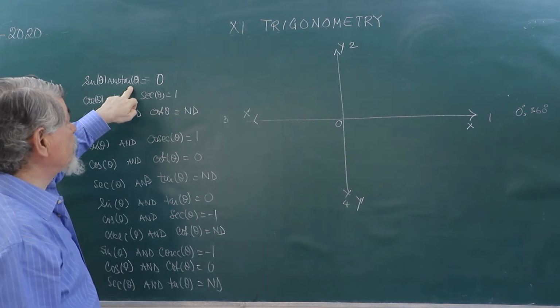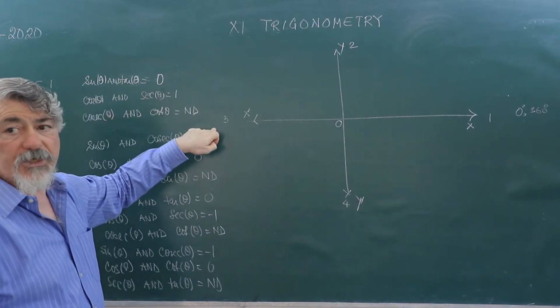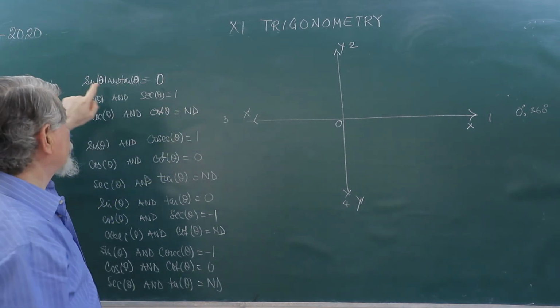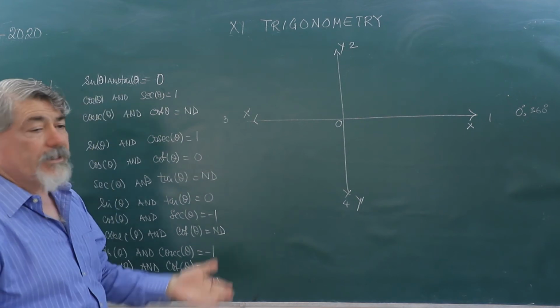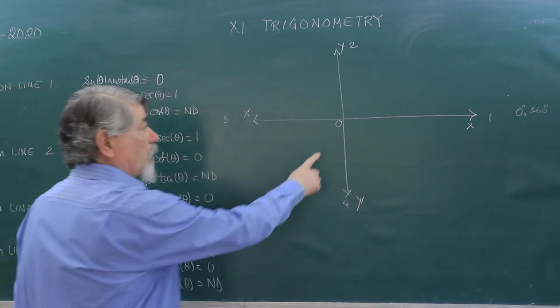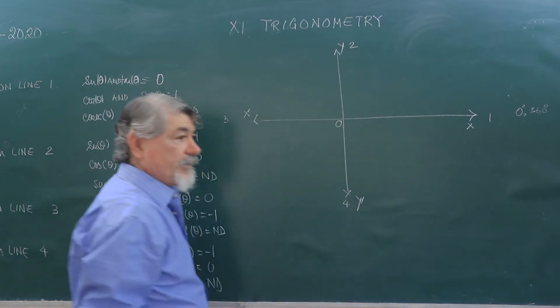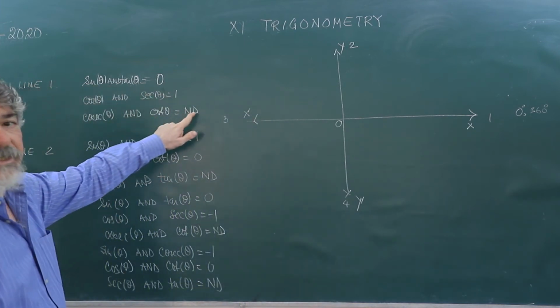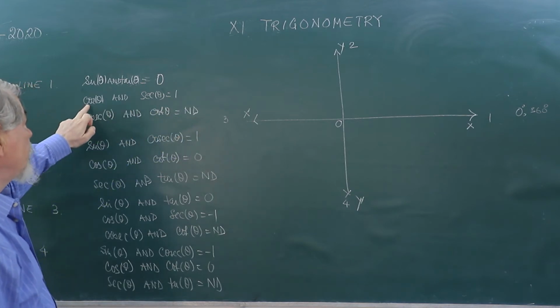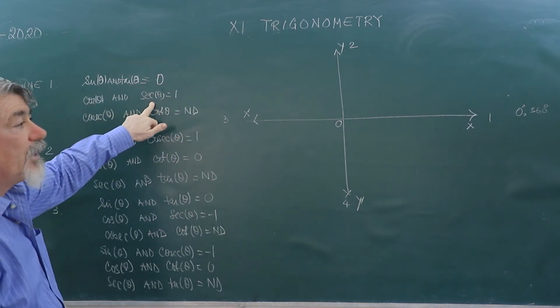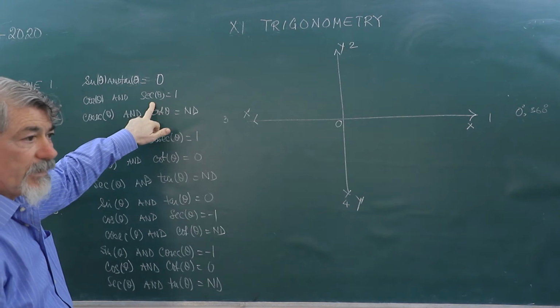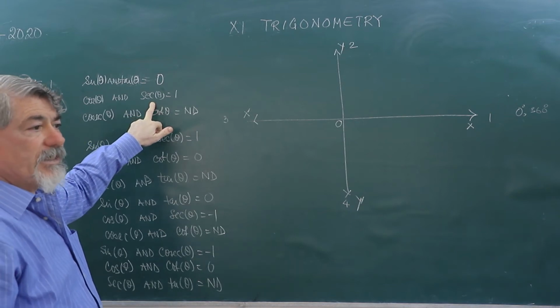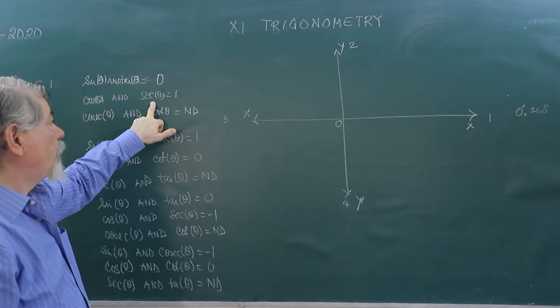And similarly, opposite of tan is cot theta, which will not be defined. So sine theta and tan theta are 0 along line 1, and cosec theta and cot theta are not defined. But cos 0 and sec 0 are 1. Cos 0 is 1 and opposite of cos is sec, so sec 0 is also 1.